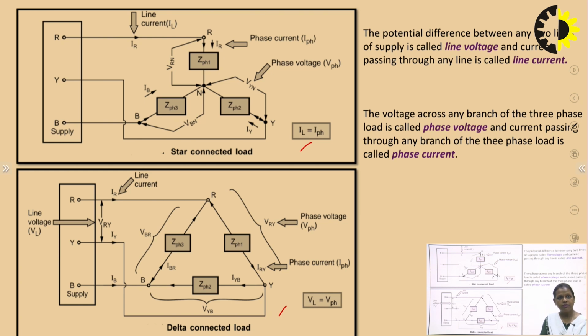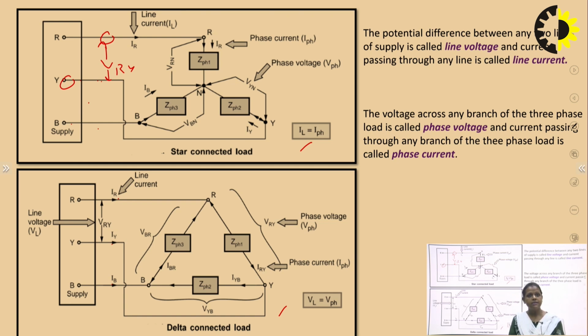The potential difference between any two lines of supply is called line voltage. These are the supply lines, and the voltage between two lines like R and Y will be VRY. This is called line voltage. Similarly, the voltage between Y and B is VYB, also called line voltage. Similarly in delta also, any voltage between two lines will be called line voltage.